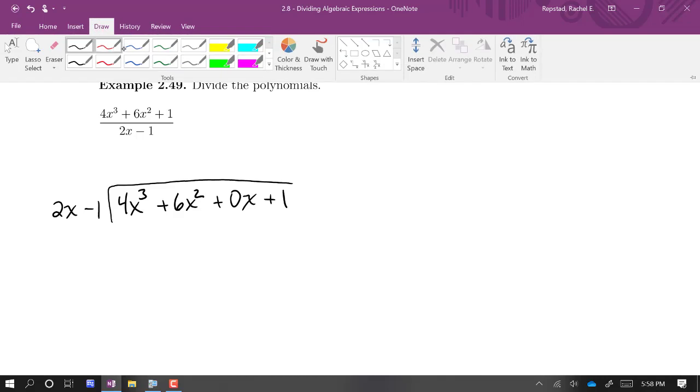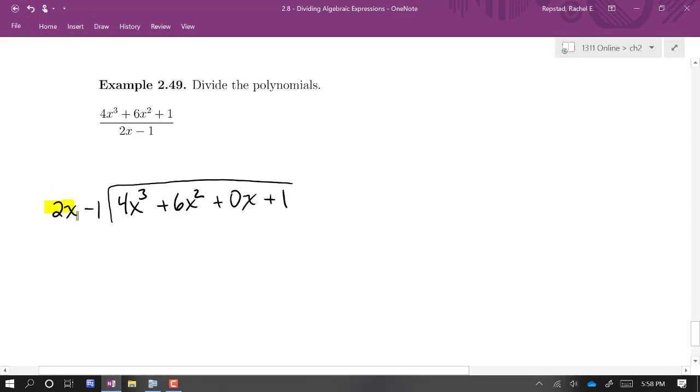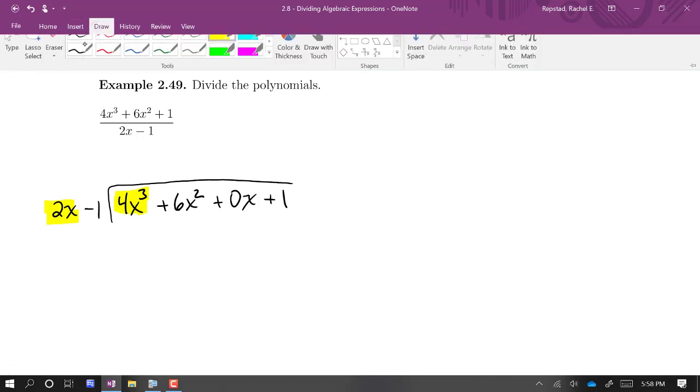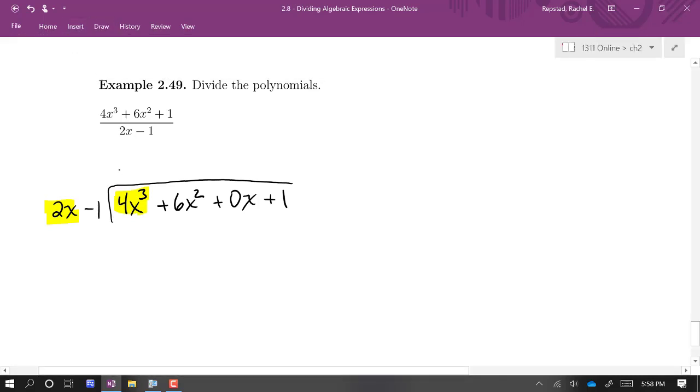So I start the way we started the last time. I'm going to ask myself, what do I multiply by 2x to get 4x cubed? And that is 2x squared. Now I'm going to take that 2x squared and multiply it by the divisor here, 2x minus 1, and that gives me 4x cubed minus 2x squared. Now I'm going to subtract the whole thing.